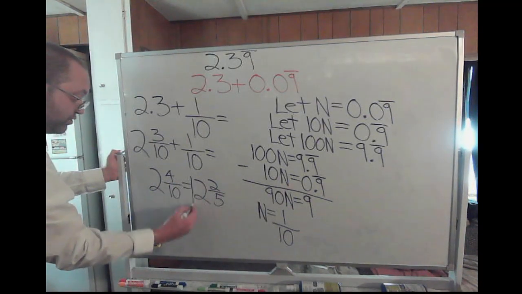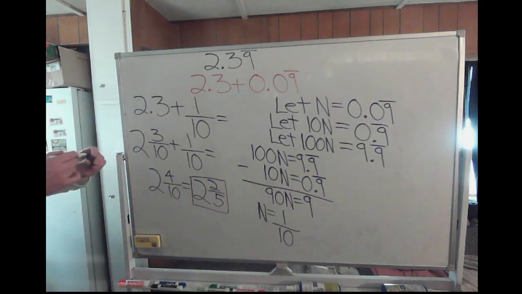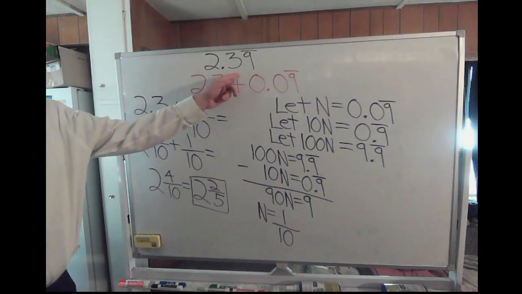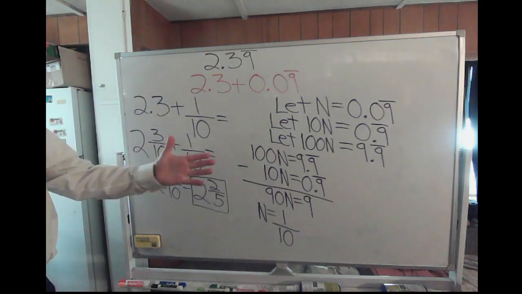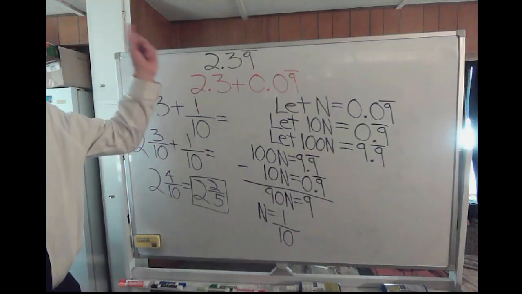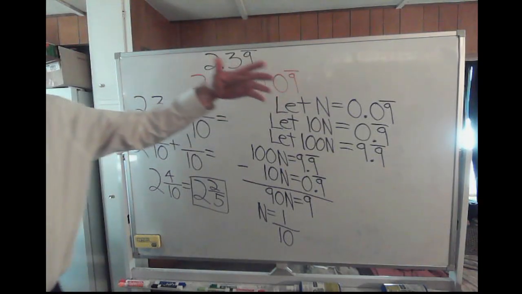That is the closest we can get. Now 2 2/5, this would actually round to 2.4, which pretty much works because that 9 goes on forever.